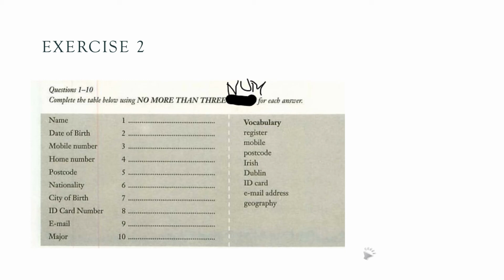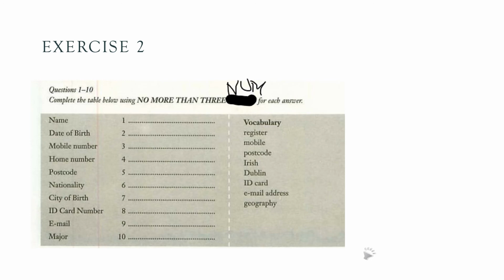My mobile number is 07770 296 479, and my home phone number is 01265 649 674. Okay, and could you tell me your postcode, please? Sure, it's SE1 2LP. Great. What's your nationality? I'm Irish. What's your city of birth? Dublin. How's that spelt? Dublin.